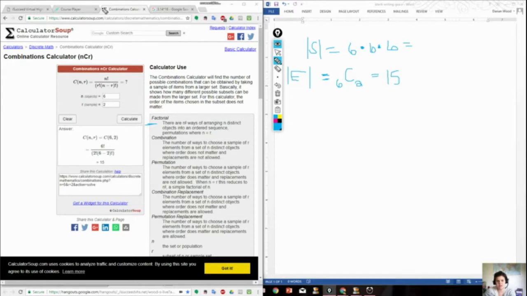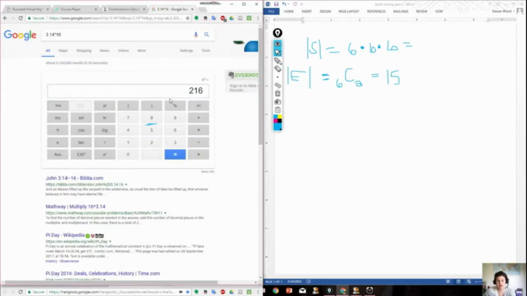So this equals 15. And what is 6 times 6 times 6? I just went to our regular calculator on Google. 6 times 6 times 6. That's 216. So the probability of pulling a 1 twice is going to equal 15 out of 216.